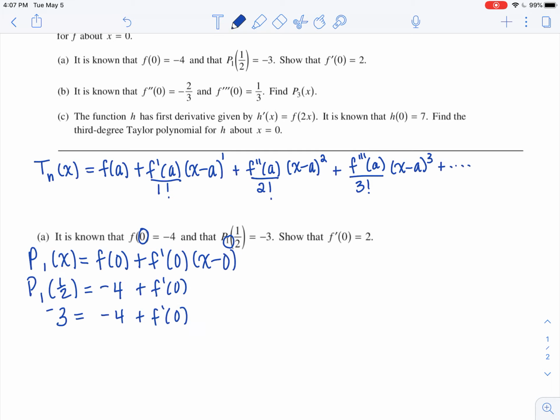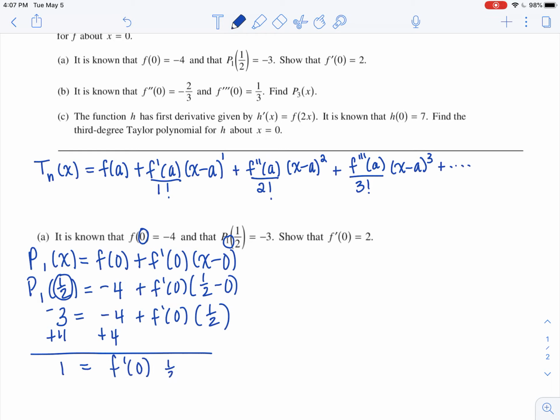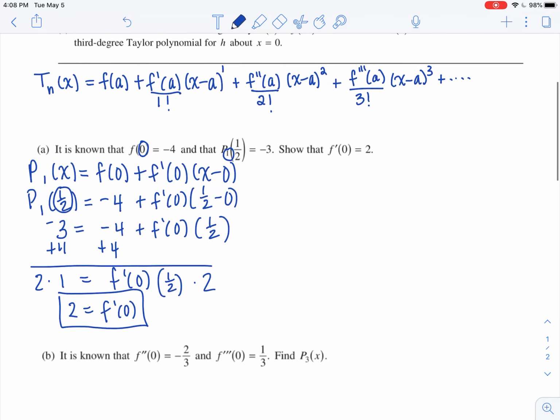And then x minus 0, the x that you're plugging in was 1/2, so 1/2 minus 0 is just 1/2, and you can now use that to solve for f prime of 0. So I would add 4 to both sides. You would see that comes out equal to 1, f prime of 0 multiplied by 1/2. If you multiply both sides by 2, you end up getting 2 equals f prime of 0. Okay, so that's all you need to do for that first part.